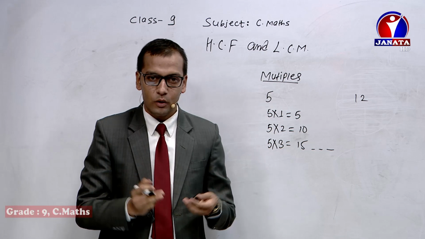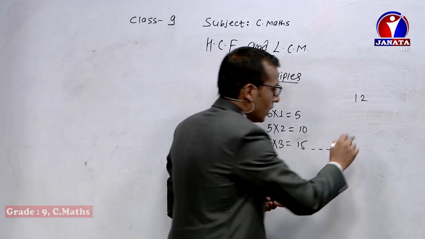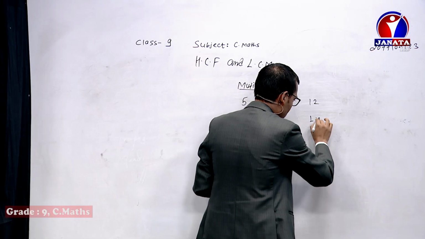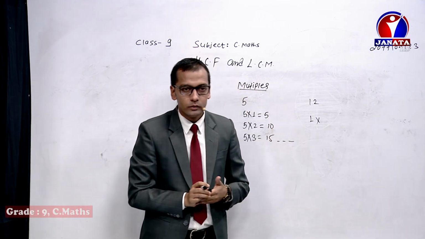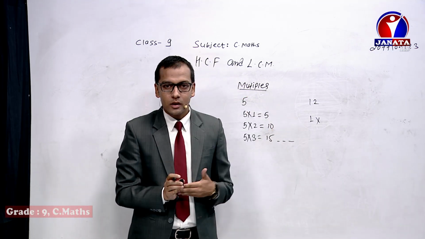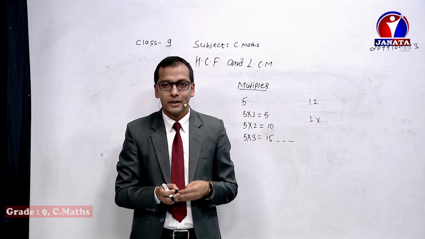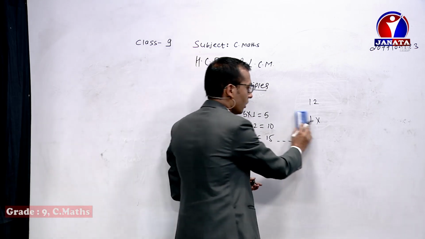There are different ways, but I am writing all the factors of 12. So we can divide 12 by 1. So 1 can be a factor. We also can divide 12 by 2. 3 is also exactly divisible. So 1, 2, 3, 4, 6 and 12. These all are the factors of 12.